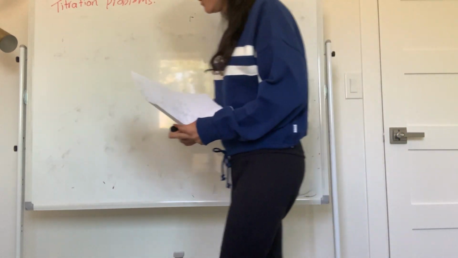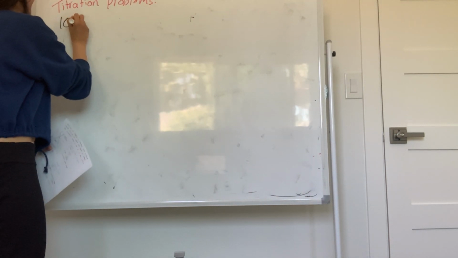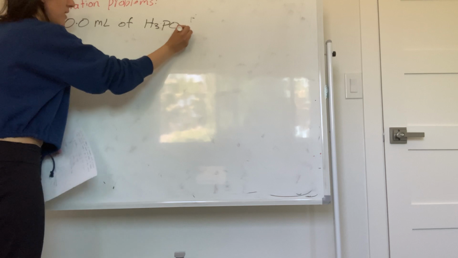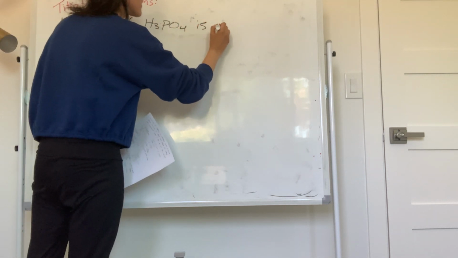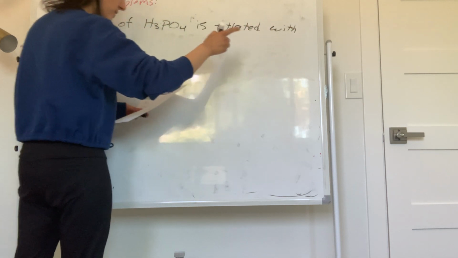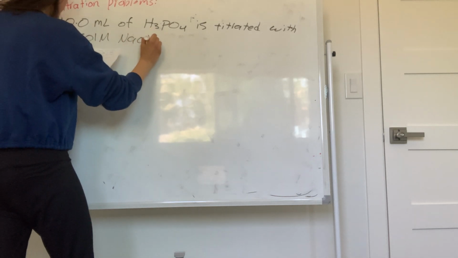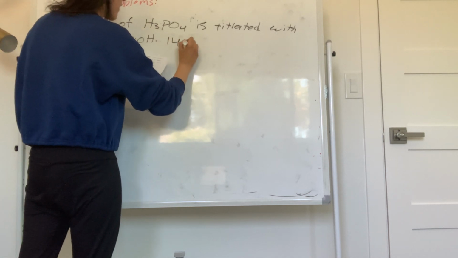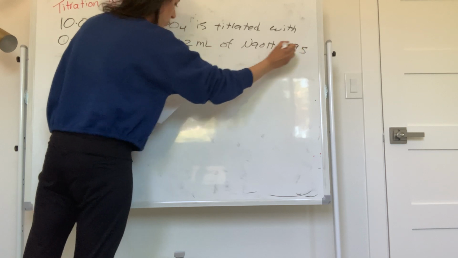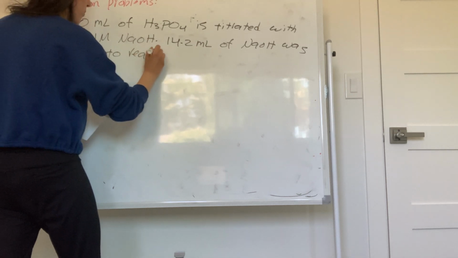10.0 ml of phosphoric acid. Let's see if you remember the formula for phosphoric acid. 10.0 ml of phosphoric acid, which is H3PO4, is titrated with 0.501 molar NaOH. 14.2 ml of NaOH was added to reach the endpoint, okay?